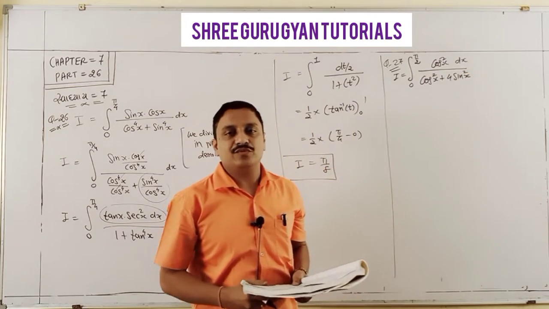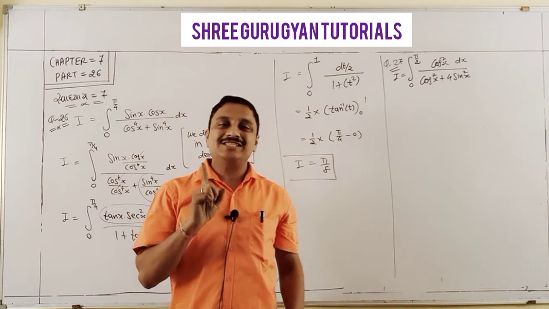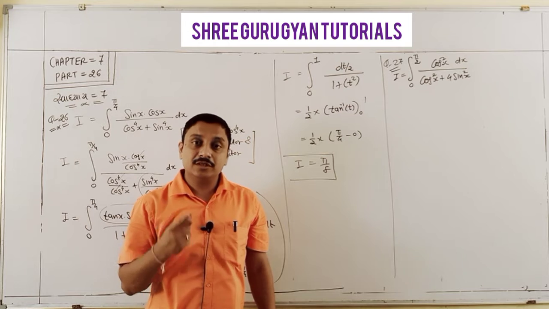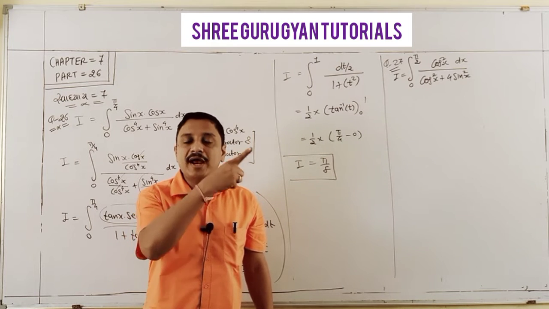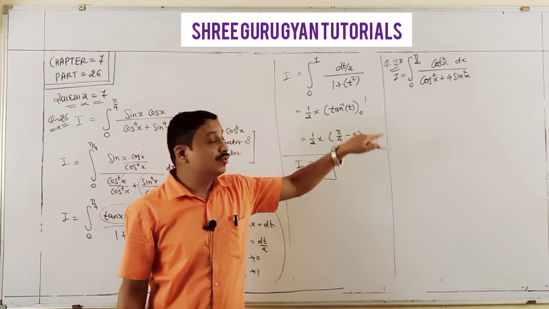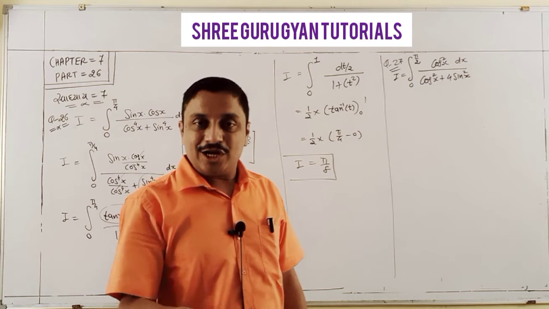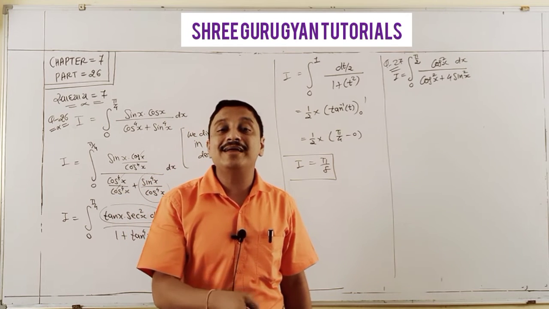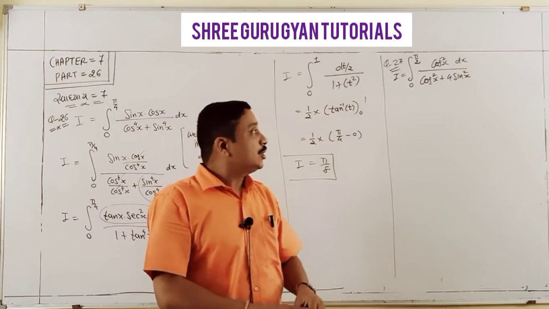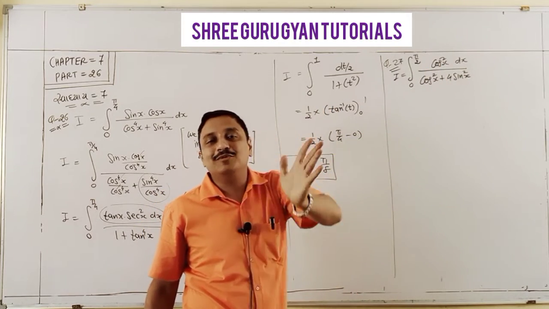Students, whenever sin square x and cos square x are given in the denominator, you necessarily divide by cos square x. Again, if sin square or cos square are given downwards, you necessarily divide by sin square or cos square. Either you convert fully into one variable, cos square or sin square.